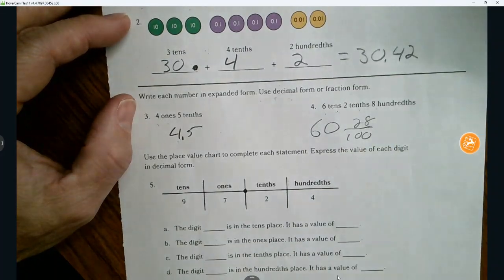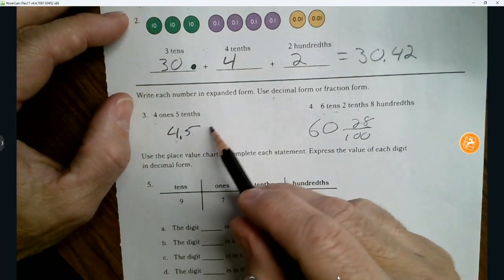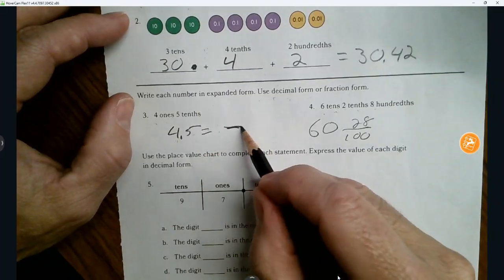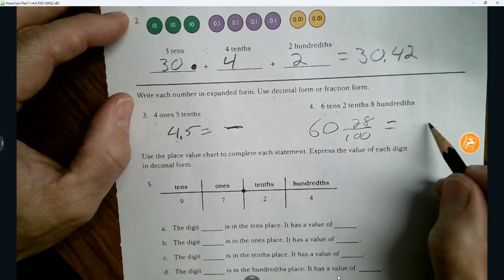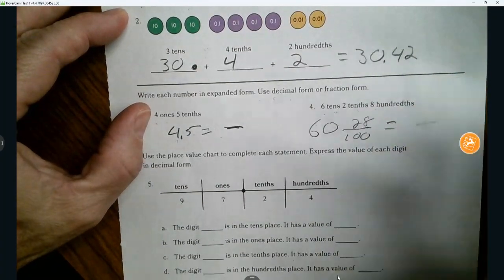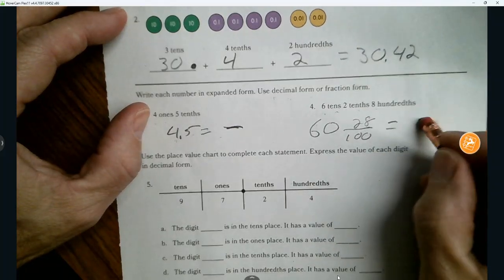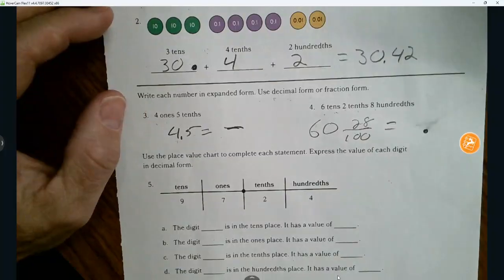In fraction form. Right? So here's a challenge for you. Show me this one as a fraction. Show me this one as a decimal. I'm going to put my decimal sign right there so you have room to work on both sides. If you think you need to, you do need to.